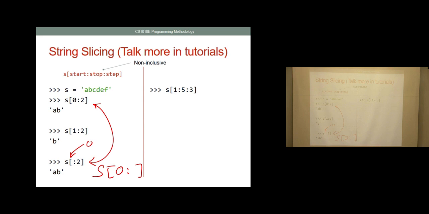So it's B, C, D, E. But this 3 means after each one, I will jump 3 times, which means I skip to the third position. So I will get B, and I will jump, jump, jump, and the next character I will get is E. So this one, I will get BE.